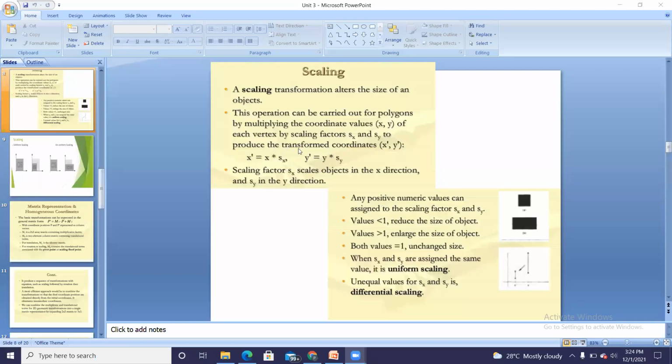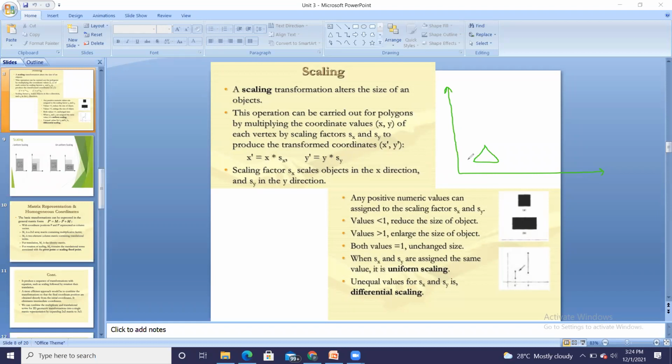Okay. So scaling means what? Just now I have drawn one diagram, and scaling is changing the size in x and y direction. So this was the triangle I have drawn earlier. And now my requirement is I want to change the size of the object only along x-axis, and along y-axis I want to keep the object as it is.